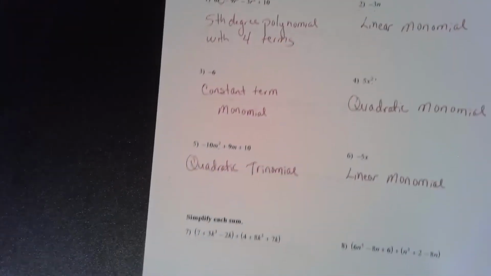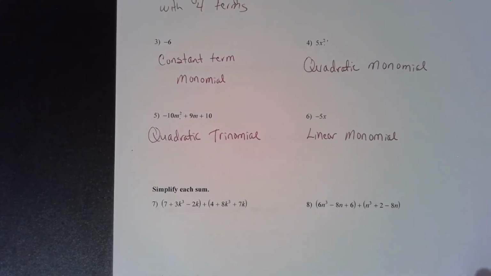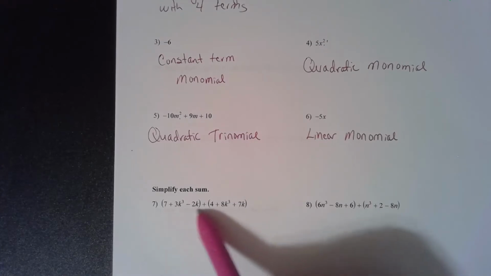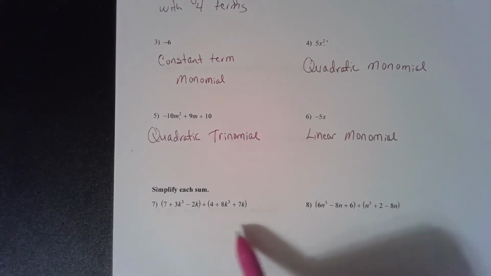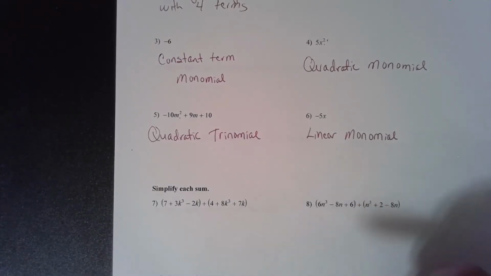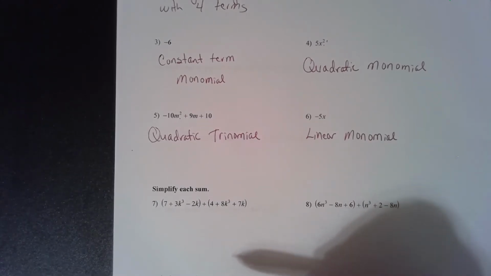All right, so our next one here. We're going to simplify each sum. Let's start out with something fairly simple, something that has only one variable and a maximum of 3 terms, and we have 2 sets of terms. There's 2 ways to do this.